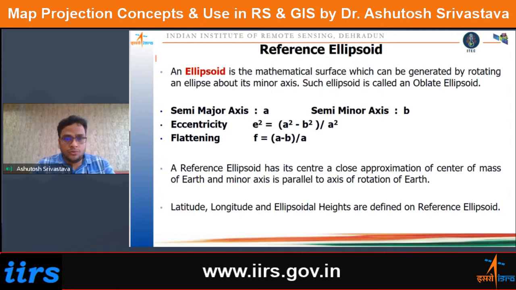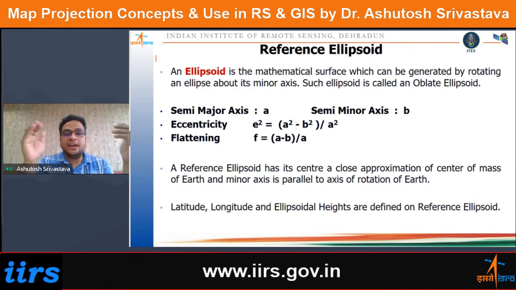Now, in our Earth case, A is almost equal to B, but A is not equal to B, because A is 6378.137 and B is around 6356. So if you take the difference of A square minus B square and divide it by A square, e will be very small. So it is not highly elliptical, it is less elliptical.